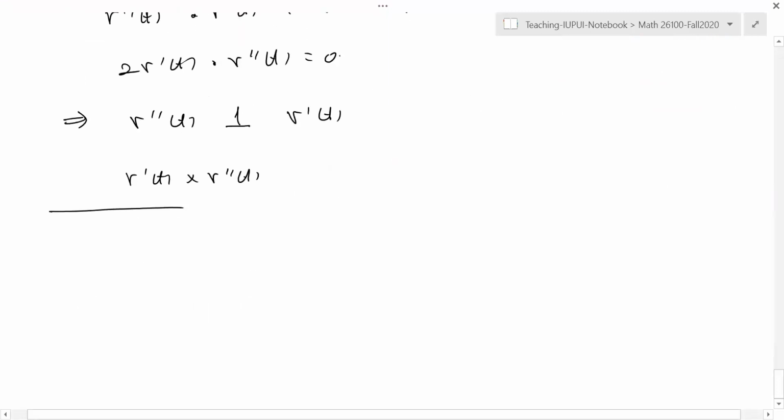Now we're going to find the vector equations. Find the parametric equations for the tangent line to the curve. Maybe you can try that.